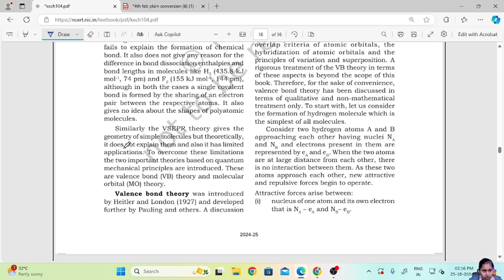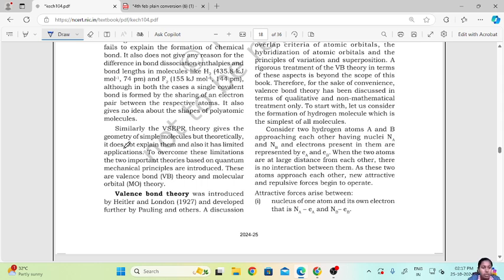So VSEPR theory, just now we have seen, even though it explains the geometry of simple molecules, as I told you, theoretically it is still in doubt and discussion, and also its application is limited.